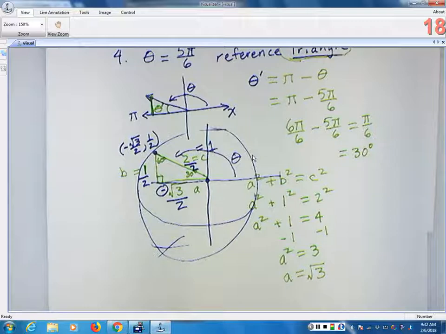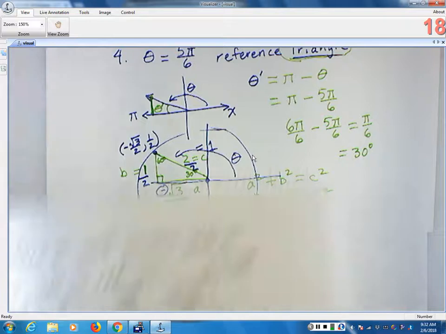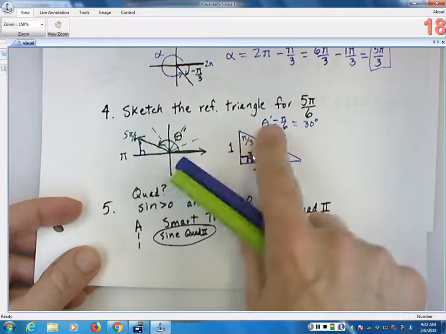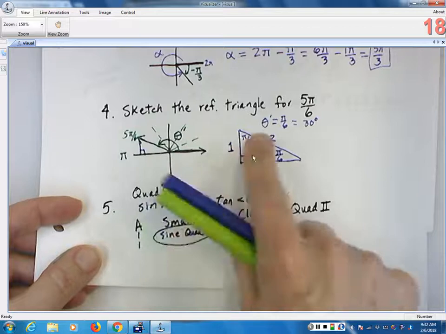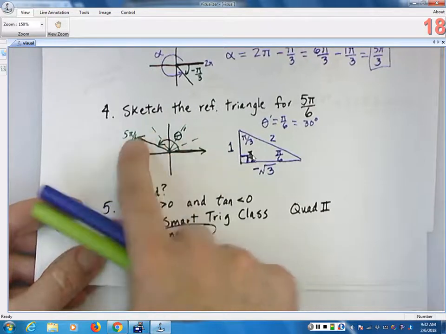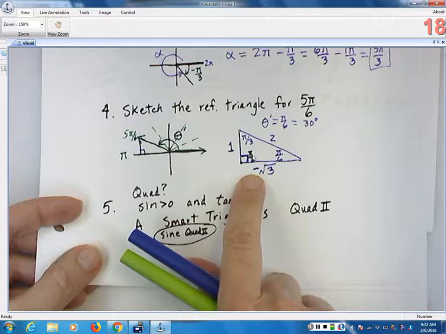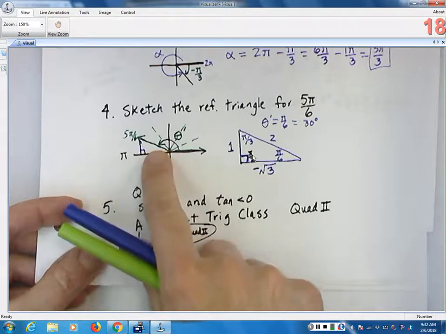I did a lot more than the answers here. The answers are posted. It's just the triangle. Just want to see the triangle, and then I made it bigger to show it to you, but there's the triangle, and here's all the sides, and there is a negative here because it's in quadrant 2.